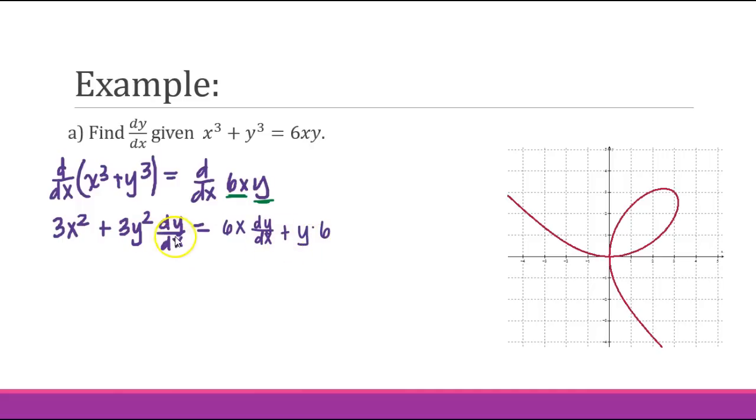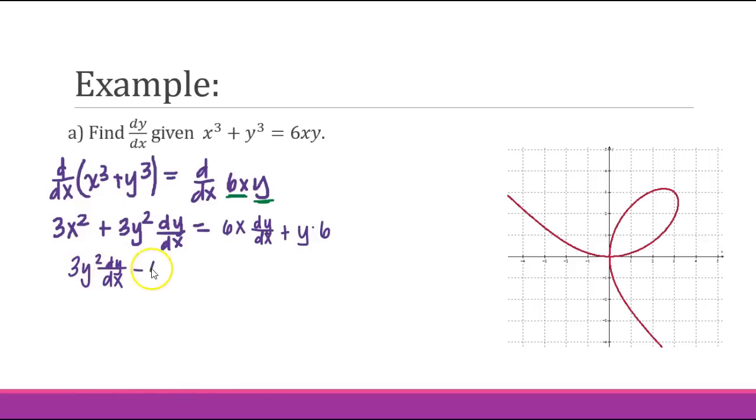So in this problem I have dy/dx's on different sides of the equation after differentiating, so I have to move them around, get them to one side of the equation, and be able to isolate my dy/dx. I'm going to keep the 3y squared dy/dx on the left.